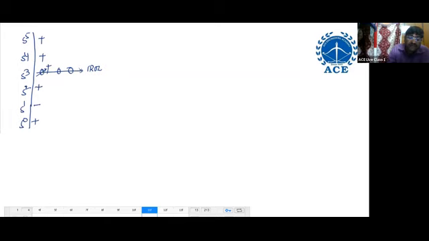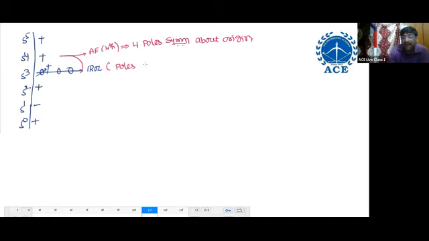What is the order of the auxiliary equation? Fourth order. That means 4 poles symmetric about the origin. You have to place 4 poles symmetric about the origin. One time row of 0 means poles are not repeated.